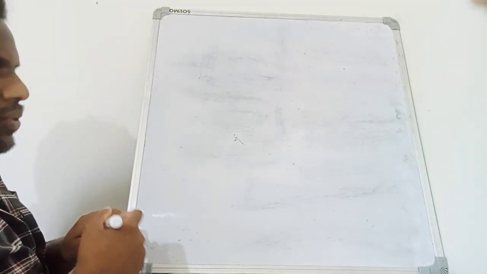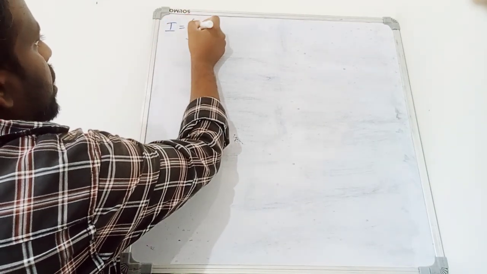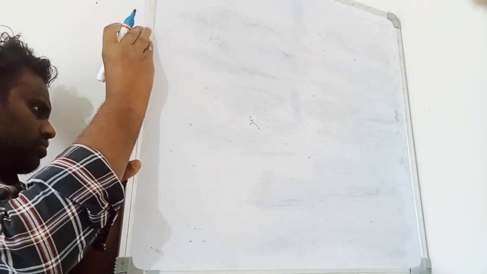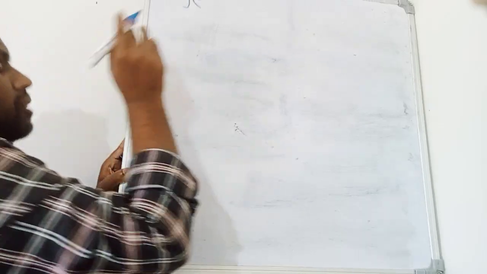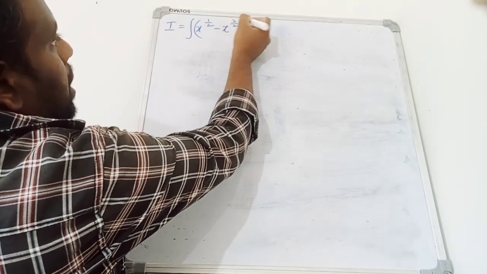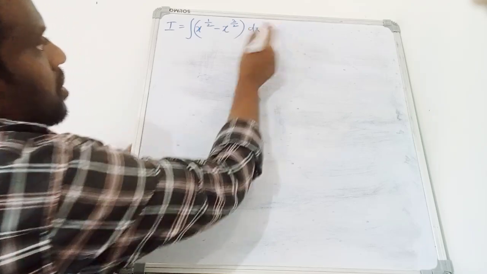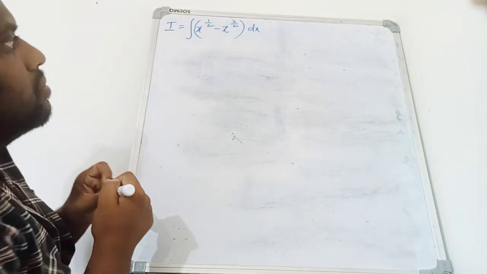We got till here: I is equal to the integral of x to the power of 1 by 2 minus x to the power of 3 by 2 dx. Till here we have solved the problem.